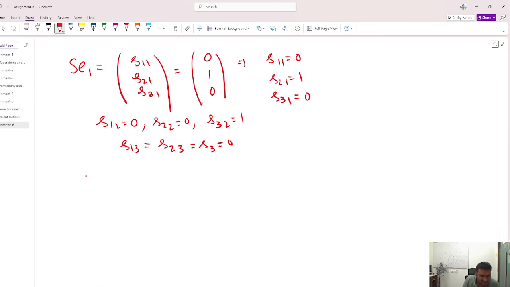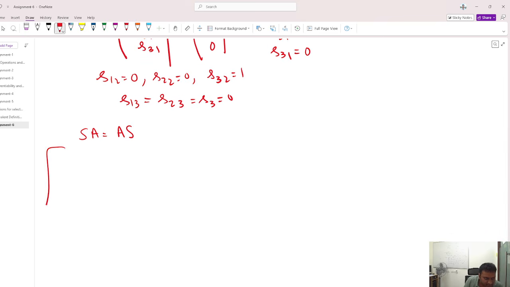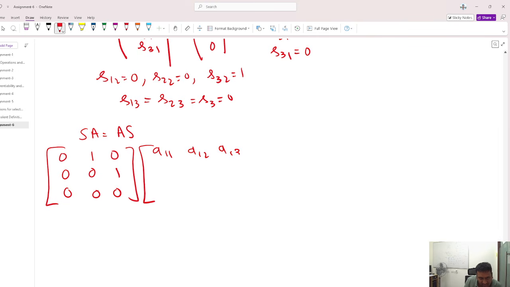So let us analyze what SA equals AS means, to understand the vector space better. S is 0, 1, 0, 0, 0, 1, 0, 0, 0. Let's take your matrix A11, A12, A13, A21, A22, A23, A31, A32, A33.